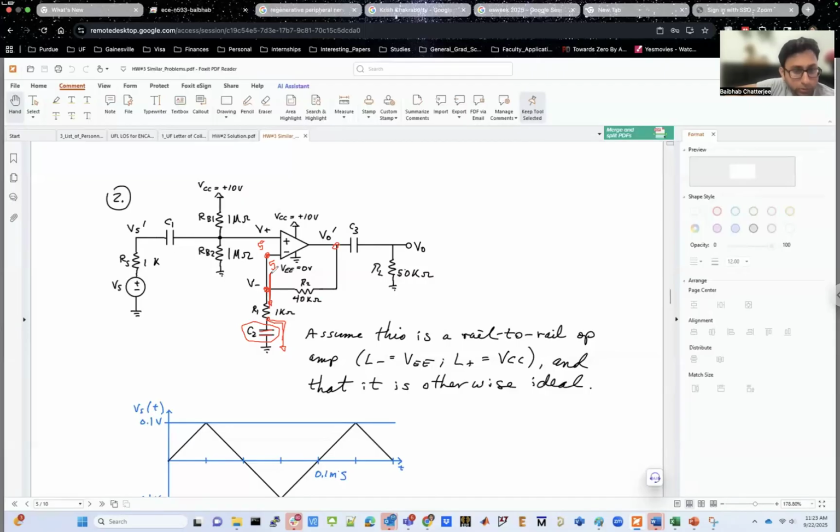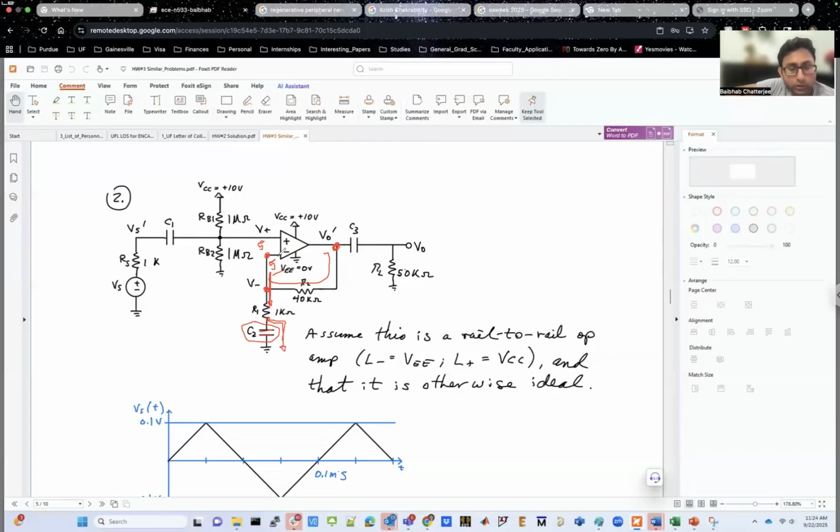And what that will also do is that the DC potential at this point, which is 5 volts, because now there is no DC path going to ground, the entire DC current has to go through this resistance and at the input side of the op-amp. Which means that the DC potential at the output of the op-amp is also fixed at 5 volts.